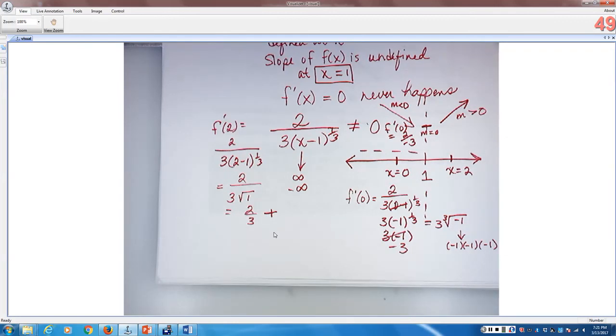So here's what we know happens. The function is decreasing until it comes to x equals 1. And then just for an instant, it has a slope of 0. And then its slope becomes positive again. Okay? So let's graph the function and see if we're right.